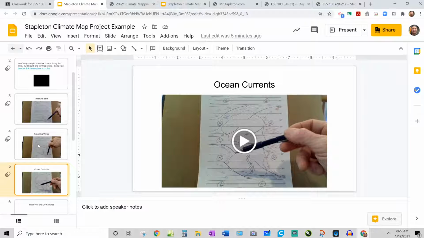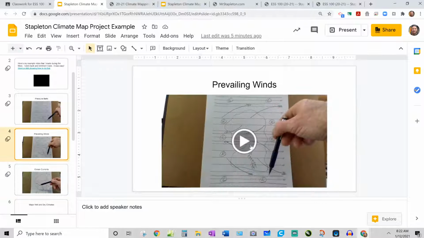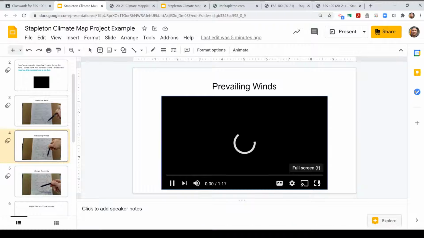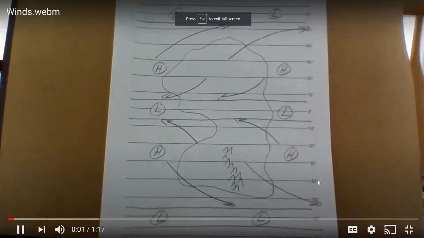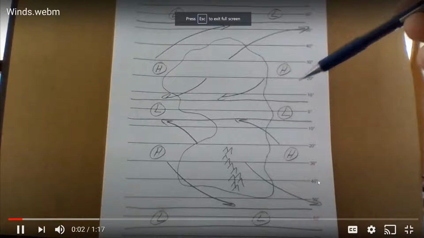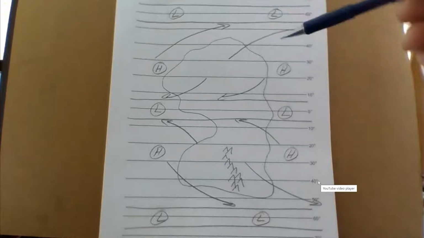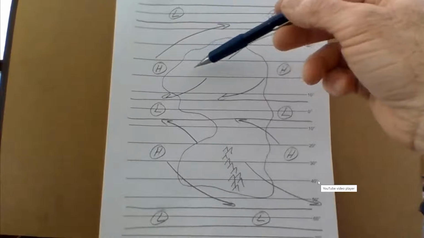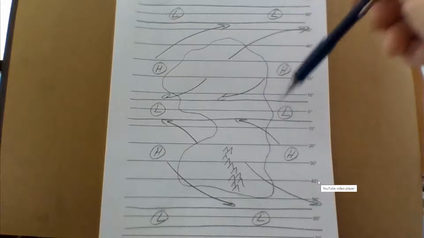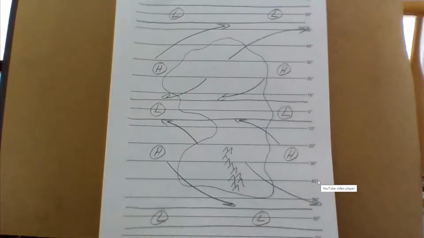So I'll show you the prevailing winds video, and then I'm going to stop showing you videos. These are the prevailing winds, and these winds are caused by differences in pressure. So the pressure belts, which I've already explained, are the H's and the L's, the high pressure and low pressure.